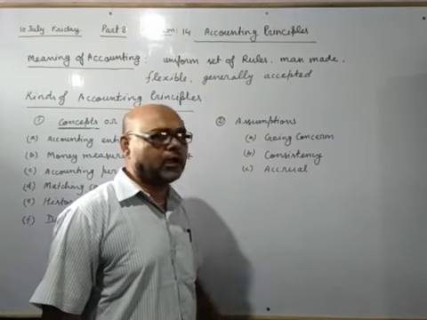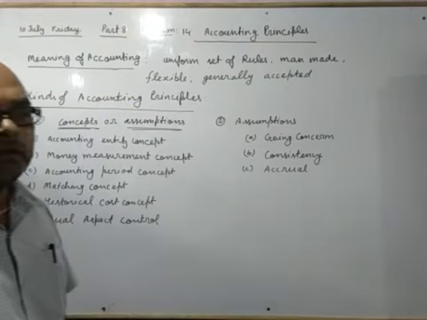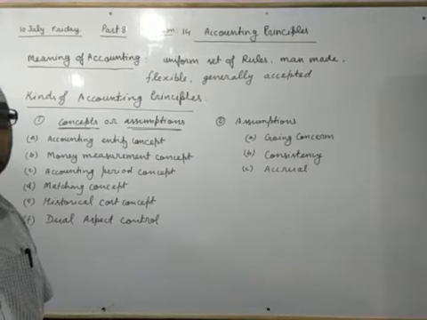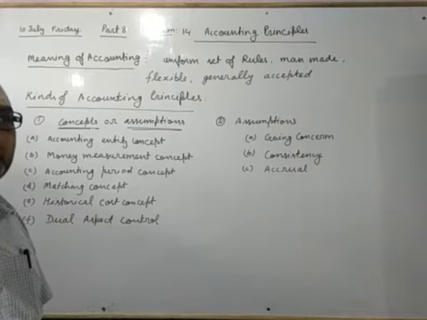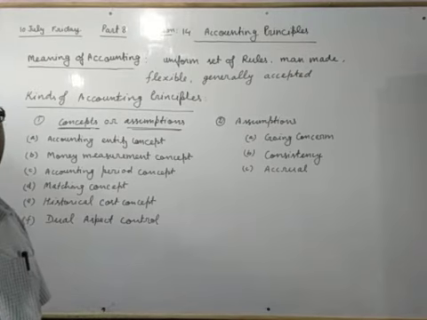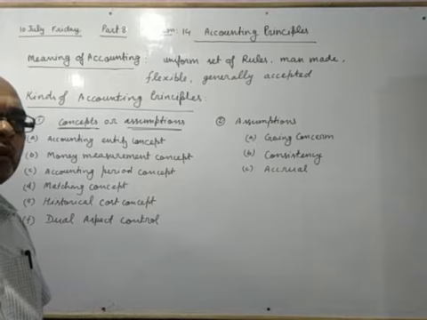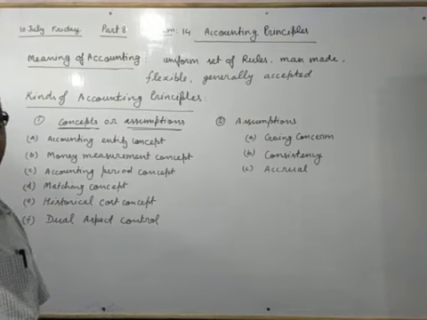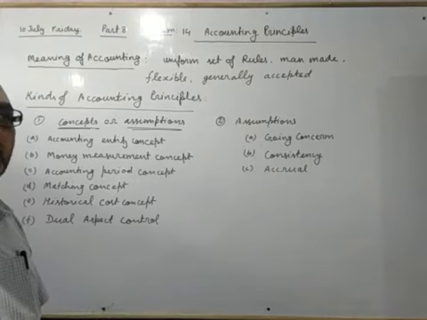And third, accrual. Now this means when the ownership of the property is changed, the transaction is considered as complete and is recorded in the books, whether the physical delivery has been made or not.